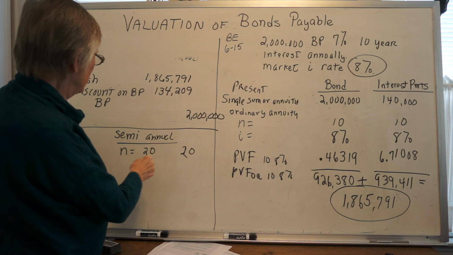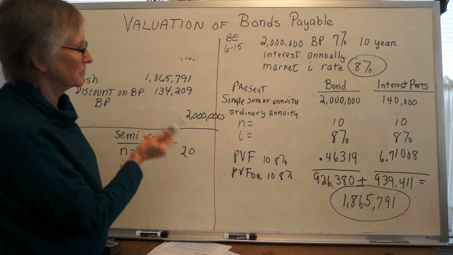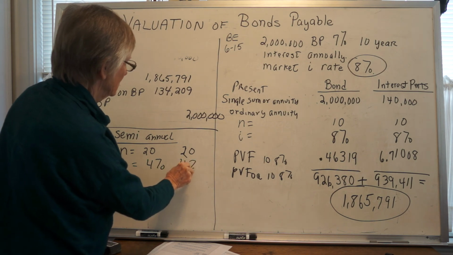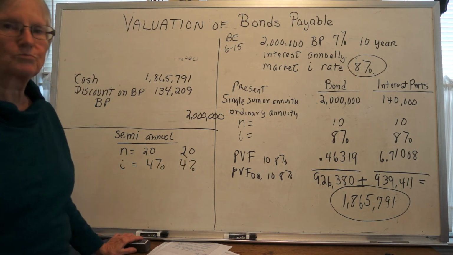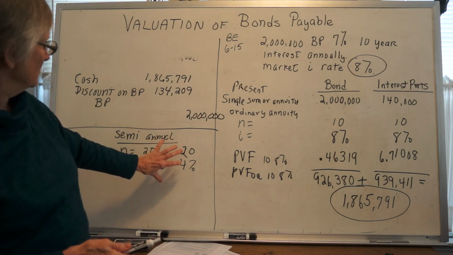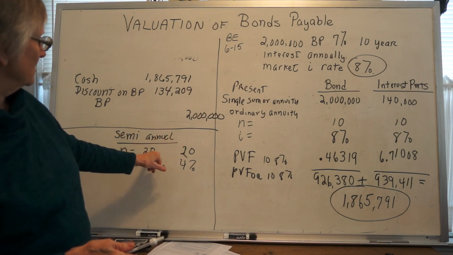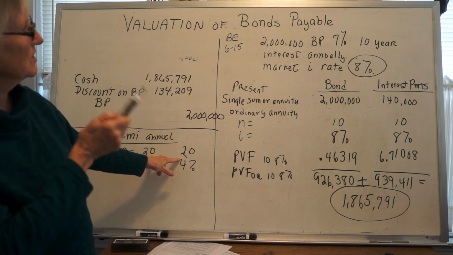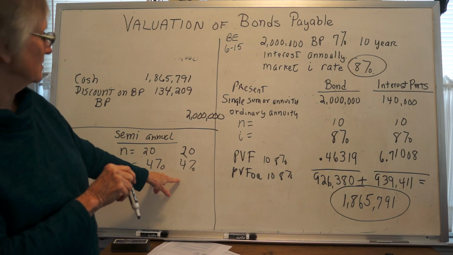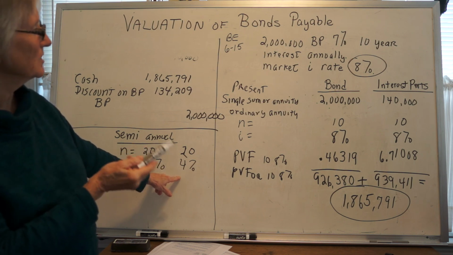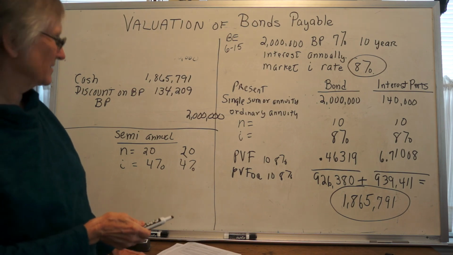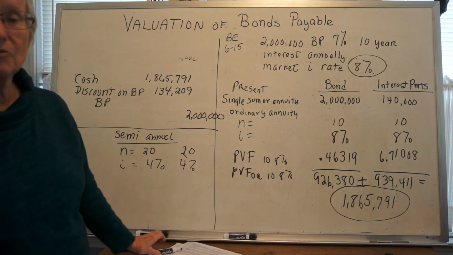And the I, because there are 2 interest periods each year, would be 4%. So that's how that works there. If you have 2 payment periods a year, you have to reflect that it's 10 years times 2 periods, and the interest rate is stated annually at 8%, so if there are 2 periods each year, the interest would be 4%. So that's your valuation of bonds payable.